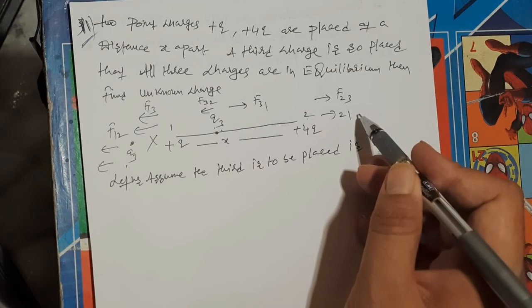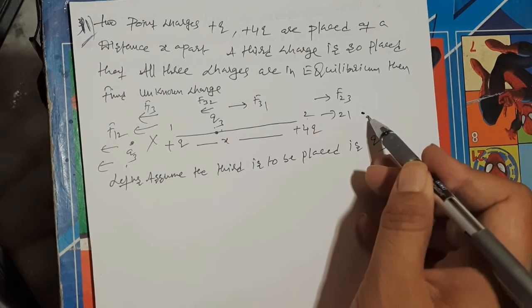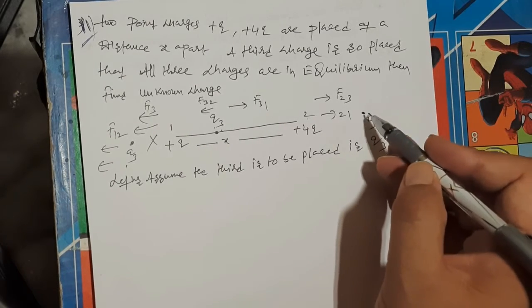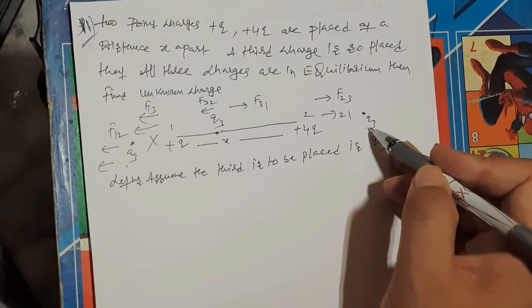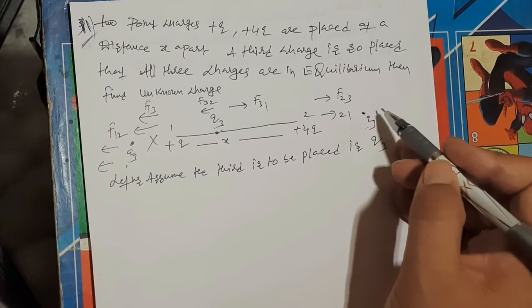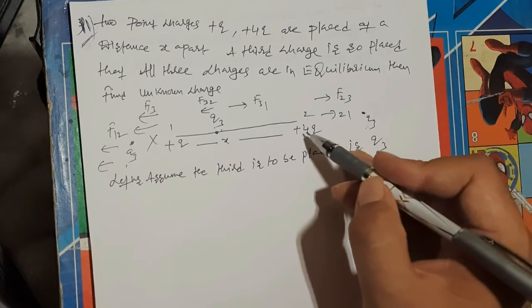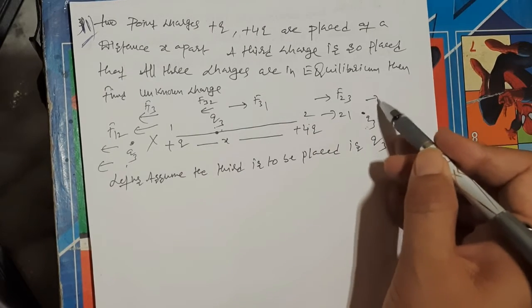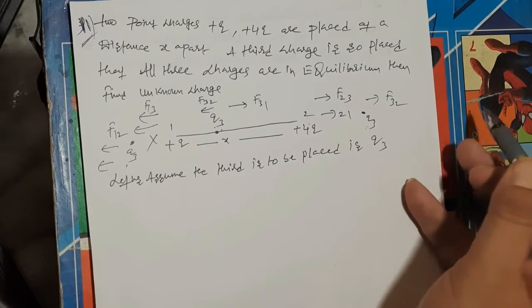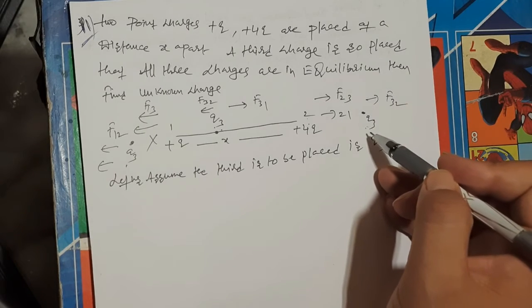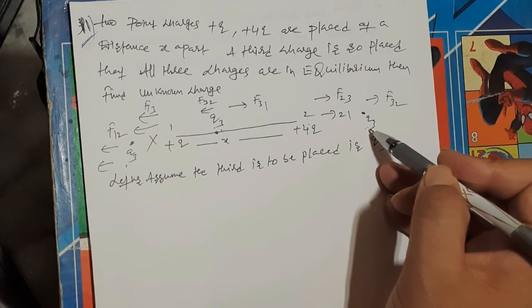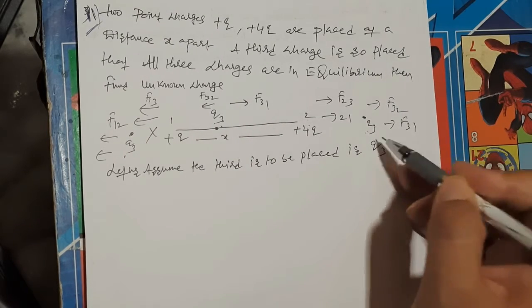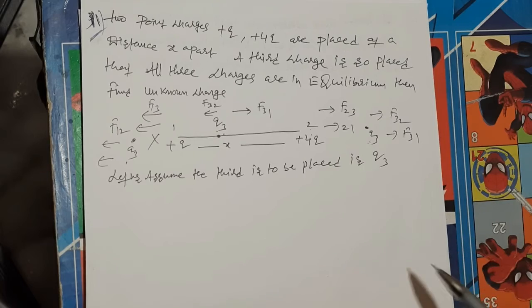For example, if we place Q3 here, the net force on Q3 is not 0. F32 is along this direction, and F31 is along this direction, a repulsion force.